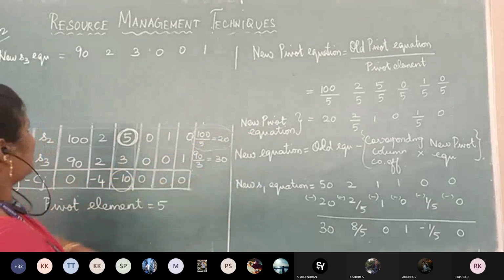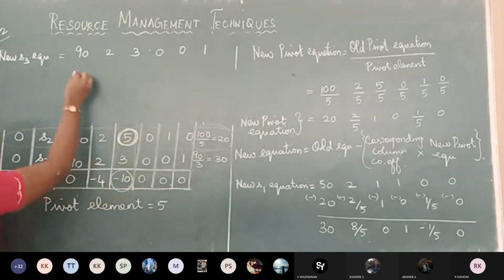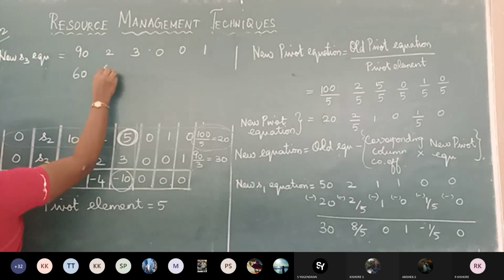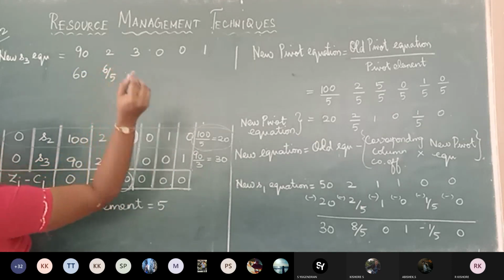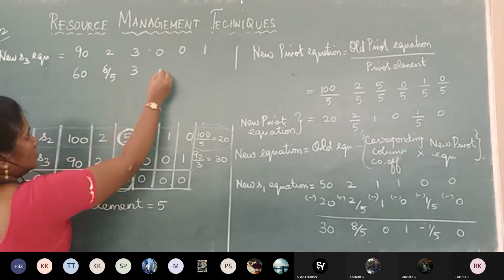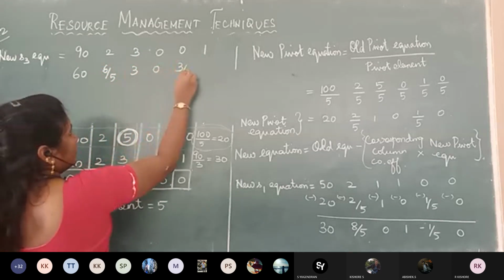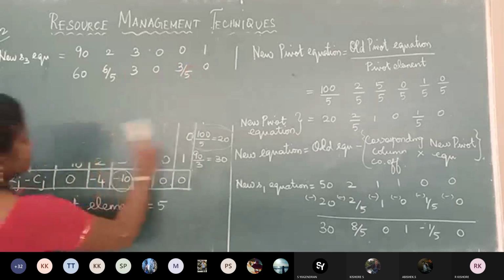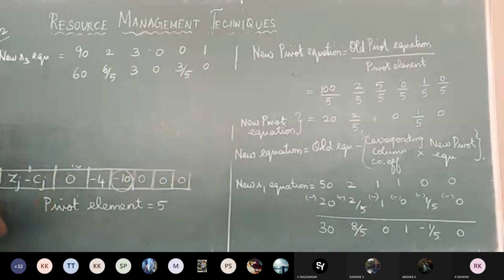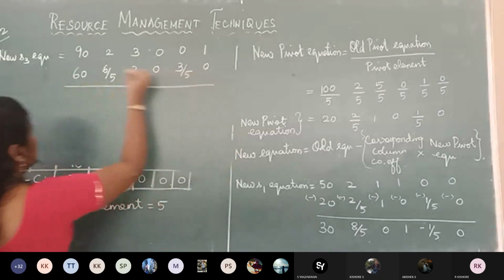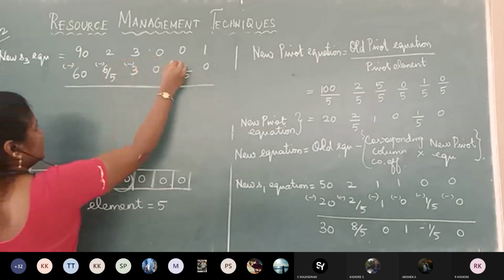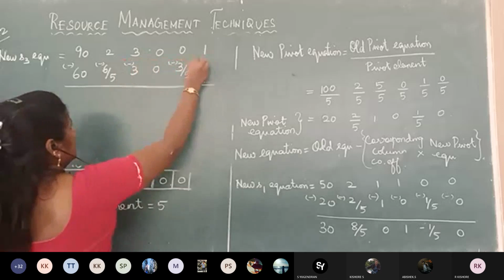So 3 into that you'll have to multiply. 3 into 20 is 60. 3 into 2 by 5 is 6 by 5. Then 3, 0, 3 by 5, and then 0. Again, subtract it.